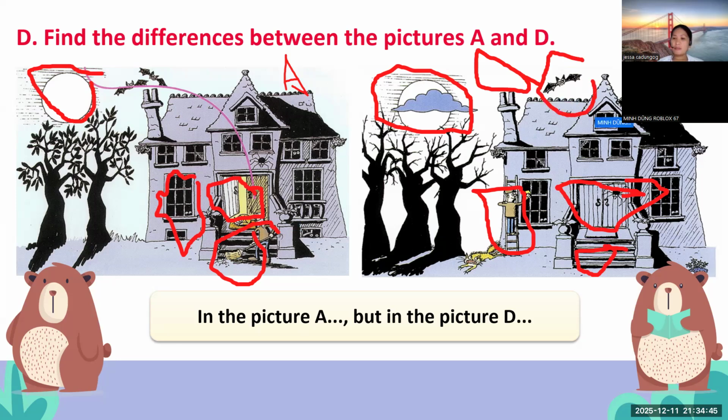Different. Okay, can you tell me? In picture A, the trees got... Different.